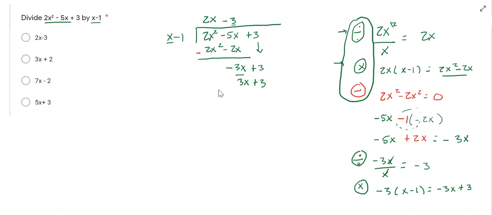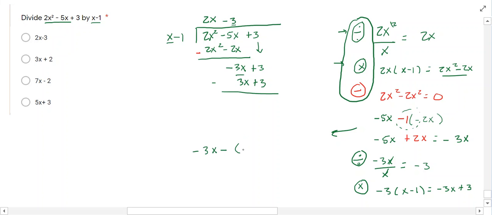Then we just subtract these from each other. So minus 3x minus, in brackets, minus 3x plus 3.